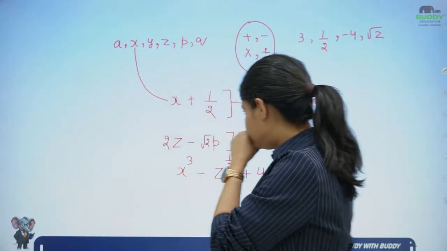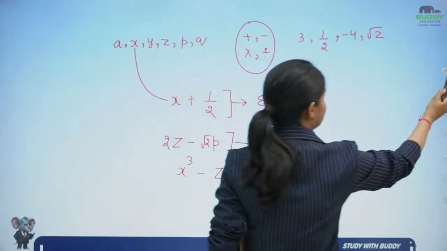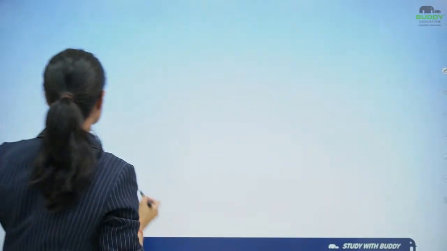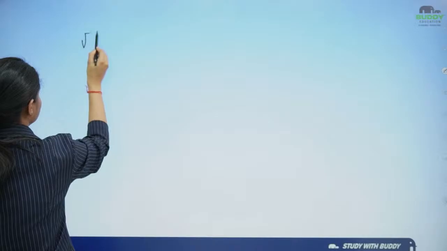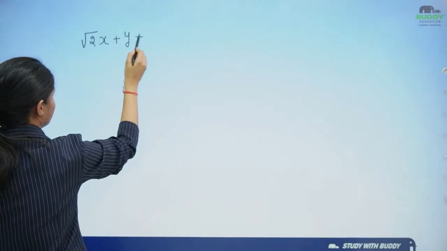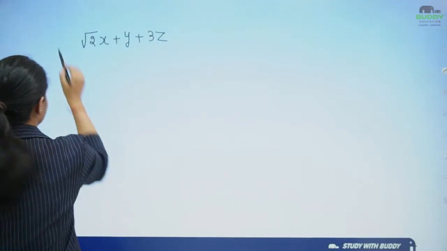Now, in case I write down an example for you, right? If I write down under root 2 x plus y plus 3z, this is the first example that I am writing.